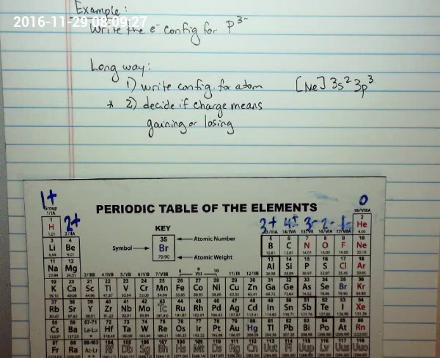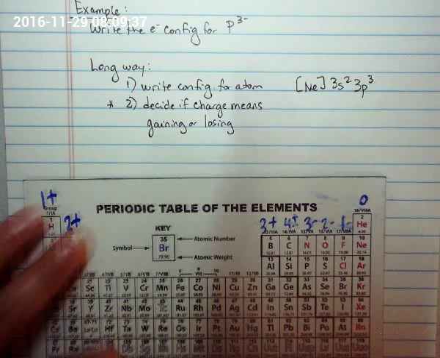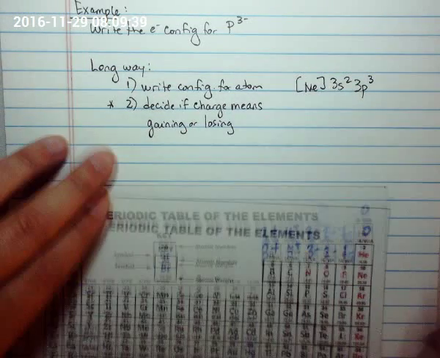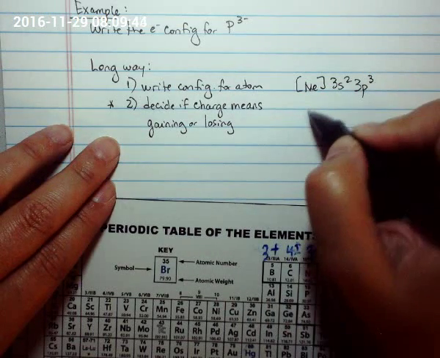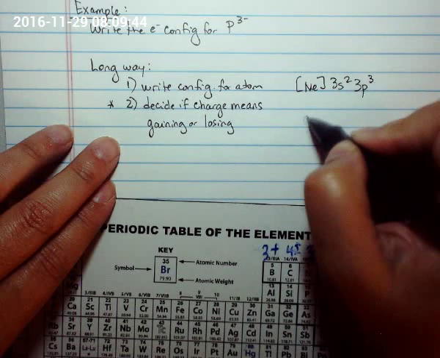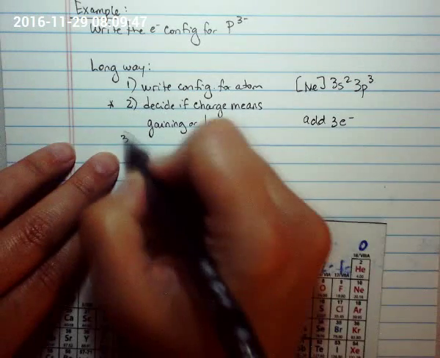So when you gain electrons here, normally you think of gaining as positive. The problem is that electrons are the negative bit. You're gaining negative things, right? So what does 3 minus mean? Okay, so that means you are adding 3 more electrons. So add 3 electrons, okay?